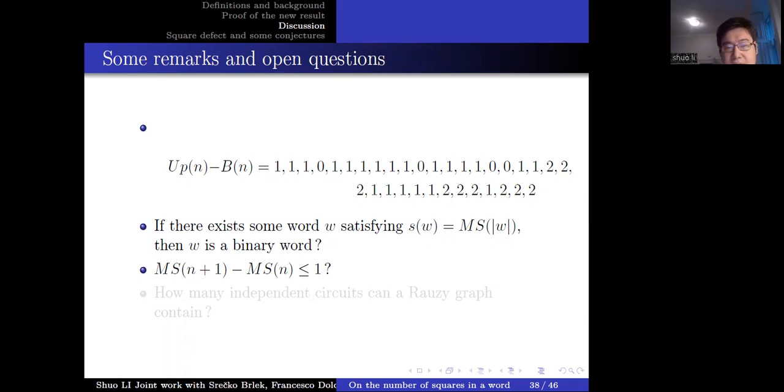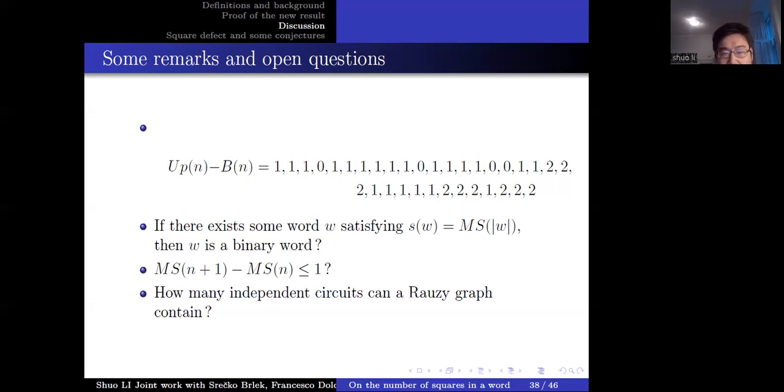Besides these questions concerning the square counting problem, we may ask other problems concerning the topological properties of the Rauzy graph. For example, can we compute exactly the number of independent circuits on the Rauzy graph? From our previous argument, we worked on the small circuits, and we showed that the small circuits are all independent.